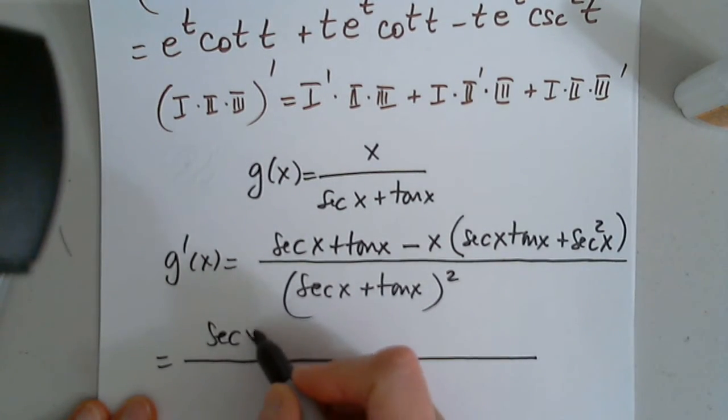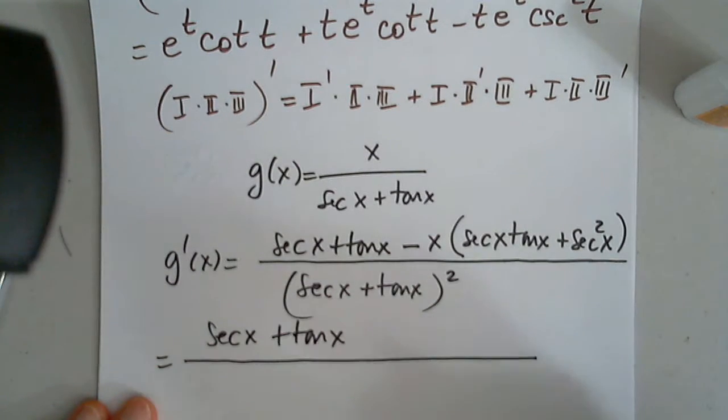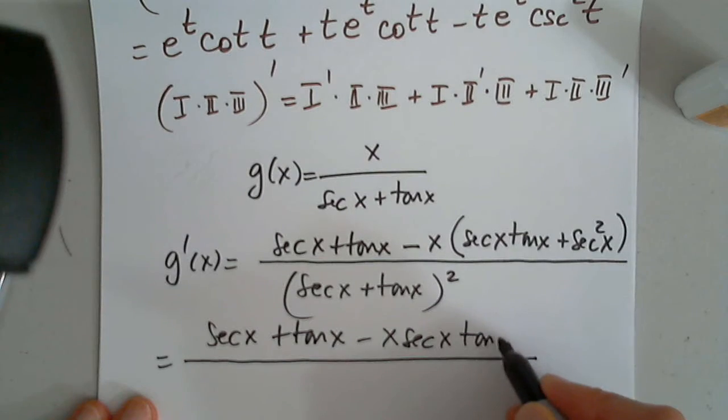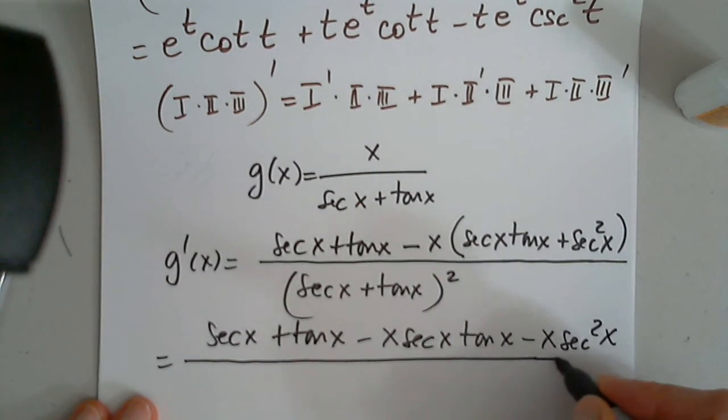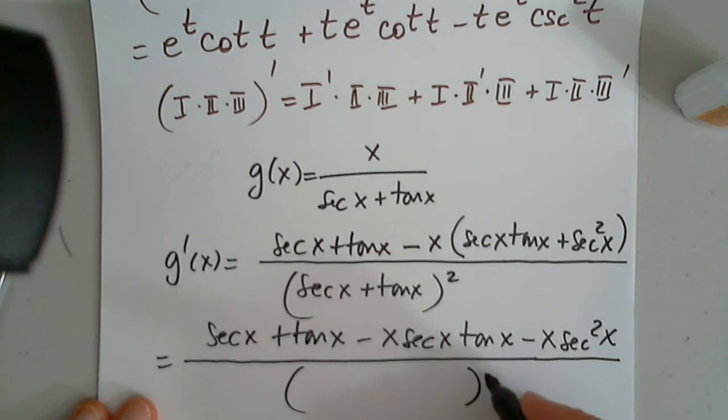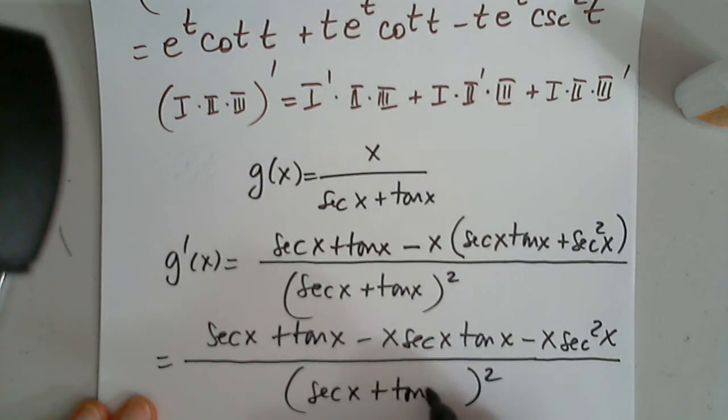So secant x plus tangent x minus x secant x tangent x minus x secant squared x over secant x plus tangent x squared. There is nothing else I can do here.